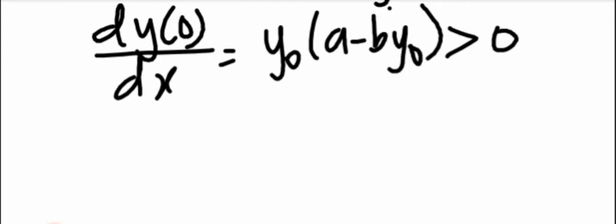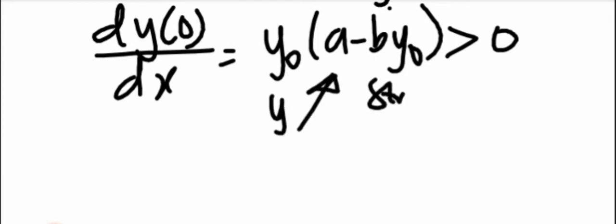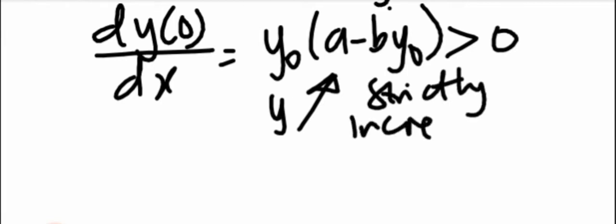What can we see? We can see that y is strictly increasing. Good. So we can go back to our rough sketch and show what it means to be strictly increasing. When I say increasing, you move from your negative axis and climb up.